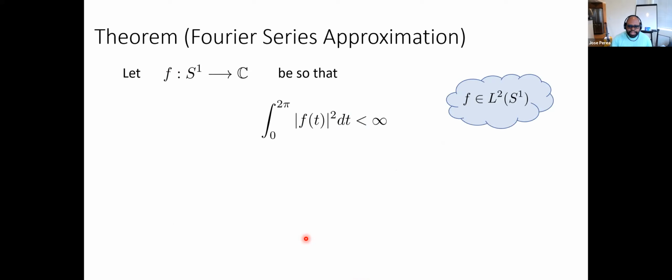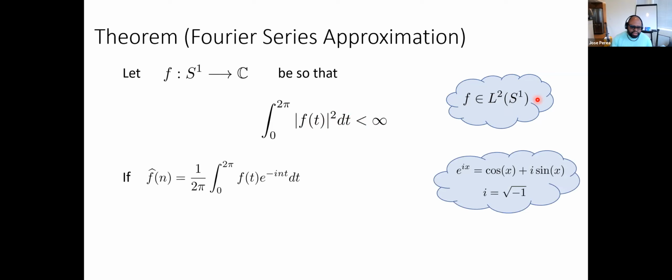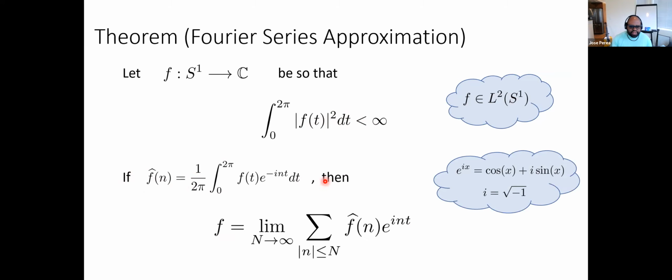If you don't know what Fourier analysis is all about, let me give you a one-slide summary. If you have a function from the circle to the complex numbers, and it satisfies that the integral of the function's magnitude squared is finite, in other words, it is in L2 of the circle, then if you compute the following numbers, these integrals, called the Fourier coefficients of the function, you can approximate the function via what is called the Fourier series of the function.